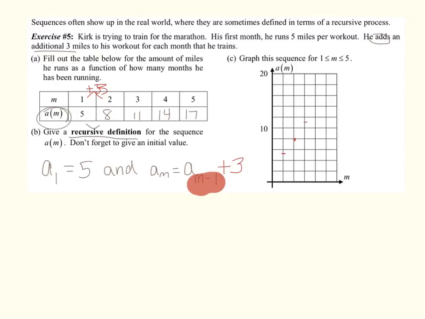And then we're going to go to 4, 14. 2, 4, 6, 8, 10, 12, 14. And then the last one is 5, 17. And those are my benchmark points, and you should have a nice graph there.